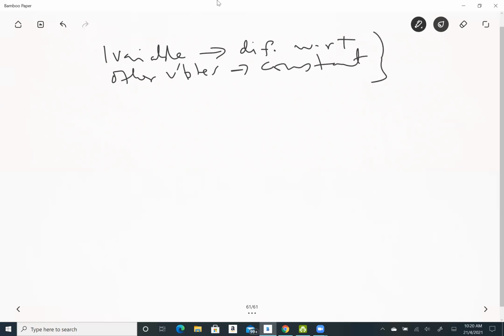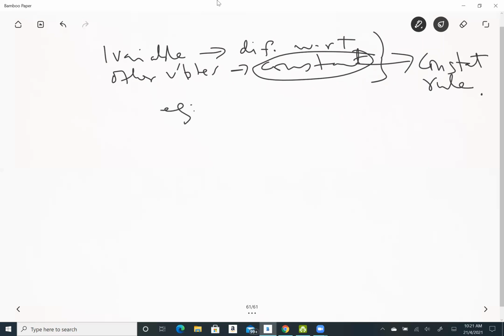How do you do that? When you treat the other variable as constant, you apply the constant rule. Now, what is the constant rule? We go back to the rule that we learned earlier. If I have y equal to 5, then what is the derivative of y?